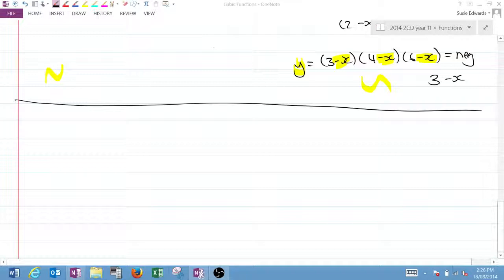All right, so we've said direction. We now need to work out the roots, okay? So to find the roots, how do we find the roots in an equation? Yep. The roots are the x-intercepts. How do we find them? Yep, y equals 0?